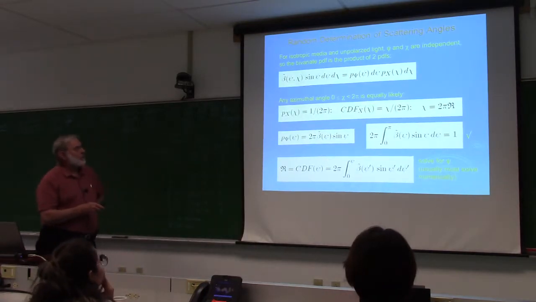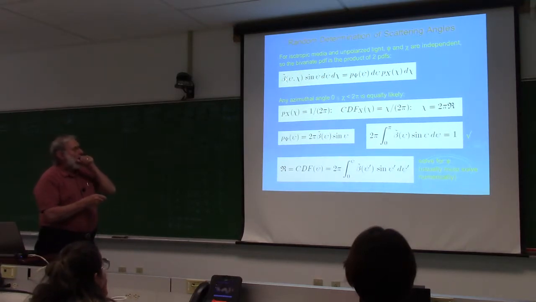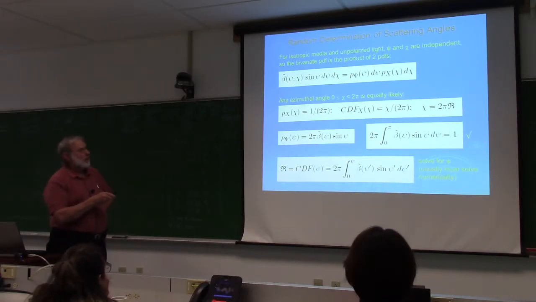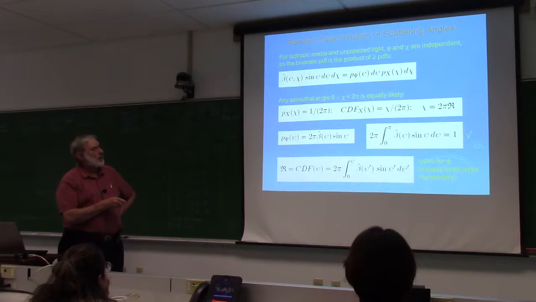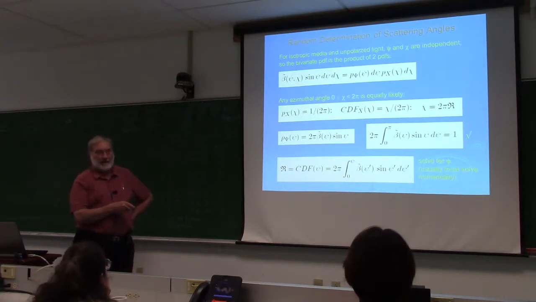Okay, so what we're going to say is here's our bivariate PDF with both variables mixed in together. We're going to view that as one PDF for angle psi times d psi and one for angle chi integrated over the chi variable.